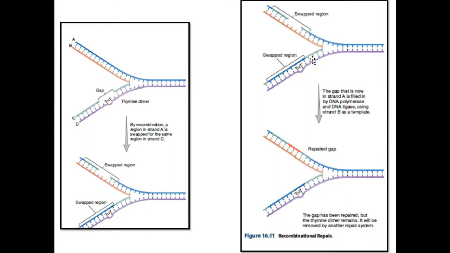It's the same thing. And thereafter, DNA polymerase 1 and DNA ligase will act, and you will get a fully formed repaired gap. The gap will get repaired over here, as well as here the DNA from sequence A is swapped over, and you fill the gaps over here. The thymine dimer still remains, which will be further repaired by using certain other enzymes.